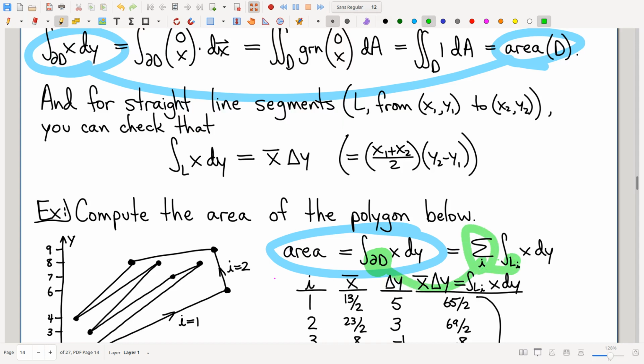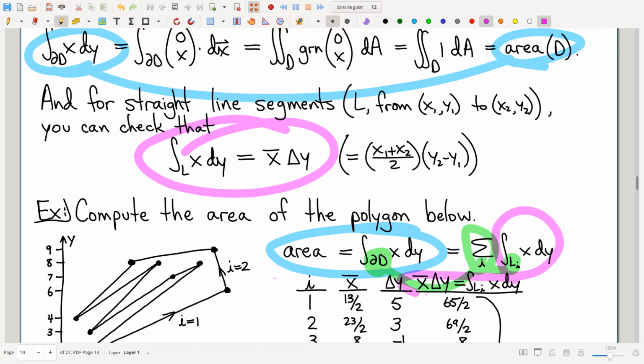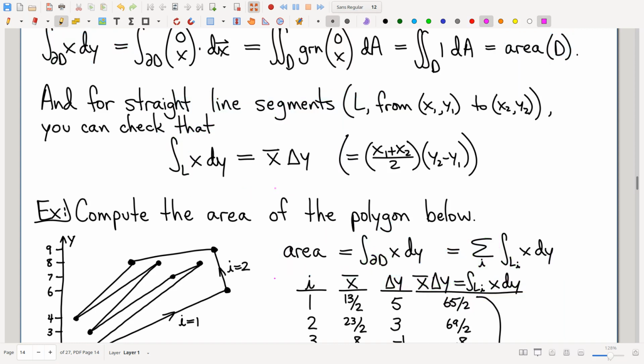There's 9 line segments here. The boundary is just the collection of all 9 of those line segments. And on each one of those line segments, I can compute the integral by just multiplying the average value of x times the change in y, tabulate, do the arithmetic, and the answer pops out in your lap. So it's a really nice little streamlined method.